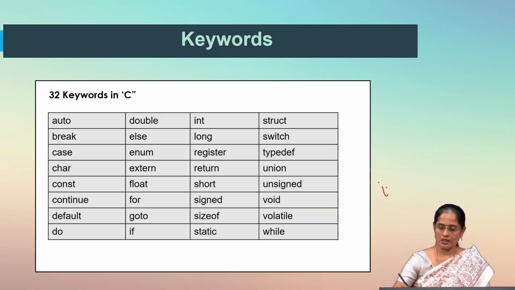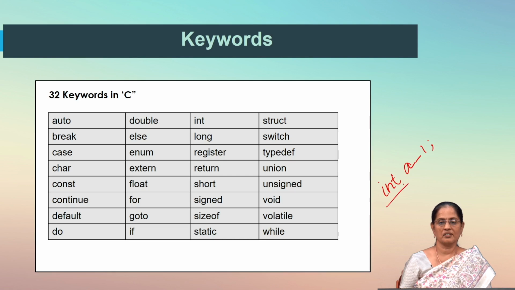So, how will I be able to use the keyword in my program? It is by giving it as int and the variable name A1. Supposing I am defining the variable name as A1, the data type I am selecting is int. So, now int becomes the keyword here.